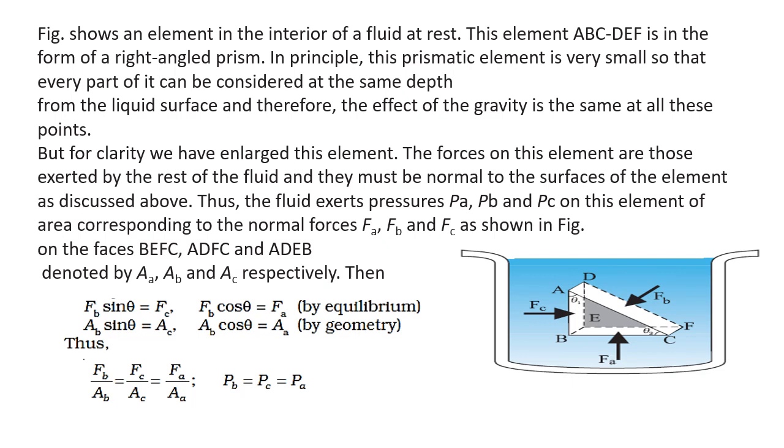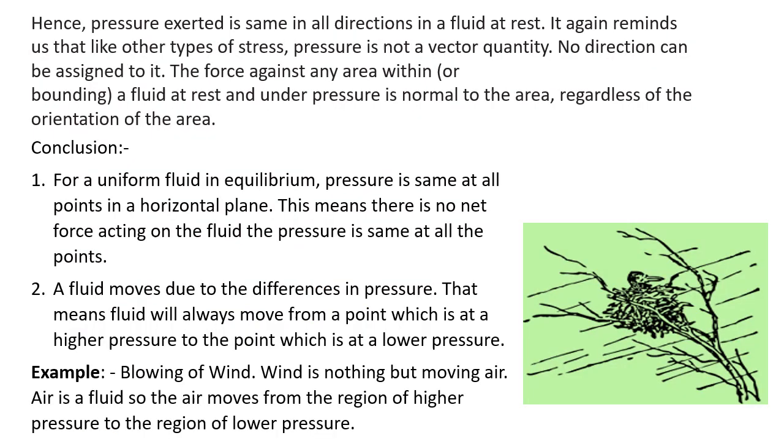And from geometry, AB sin theta is equal to AC and AB cos theta equals AA. By dividing these, you will get FB by AB equals FC by AC equals FA by AA. That means the pressure PB equals PC equals PA. Hence, pressure exerted is same in all directions in a fluid at rest.